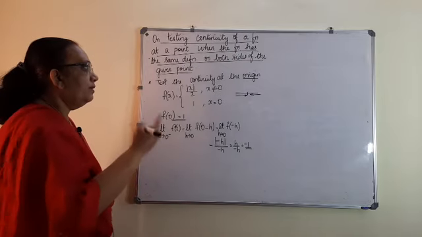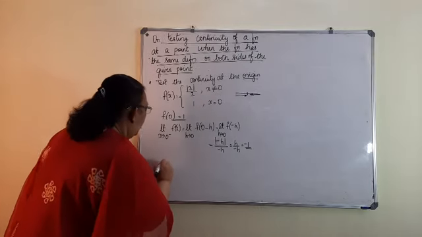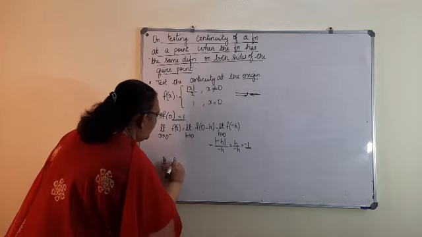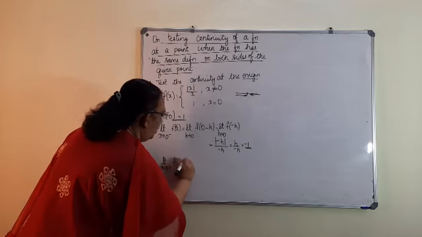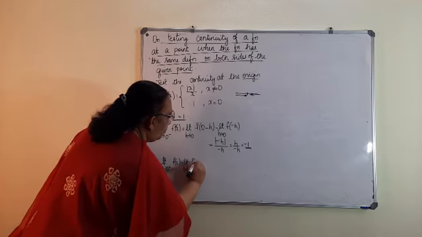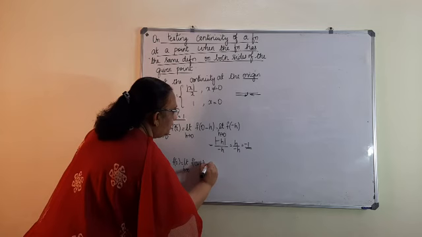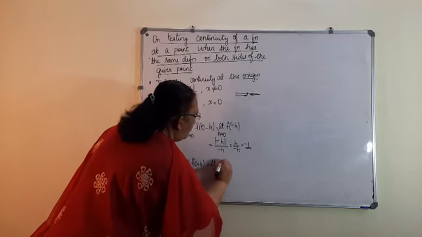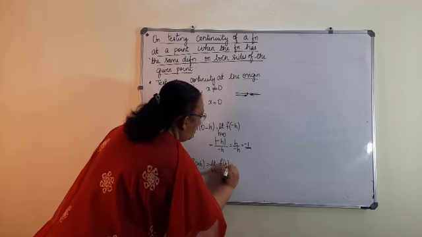On the left side it is equal to minus 1. But still we can discuss the right limit also. Limit x tending to 0 plus f of x is equal to limit h tending to 0 of f of 0 plus h, equal to limit of h tending to 0 of f of h. And what is f of h?